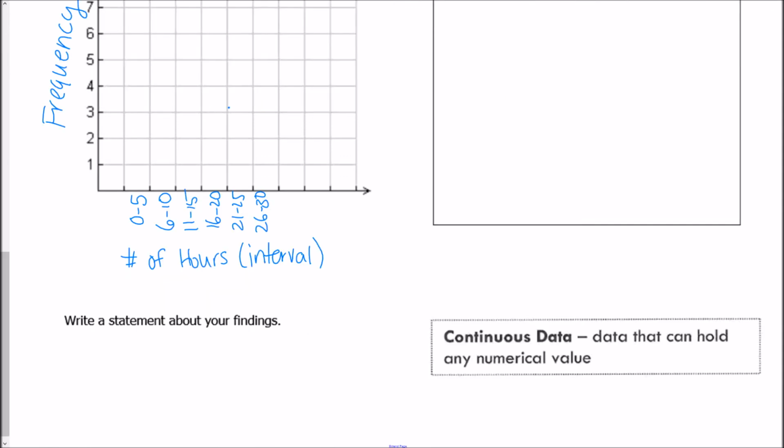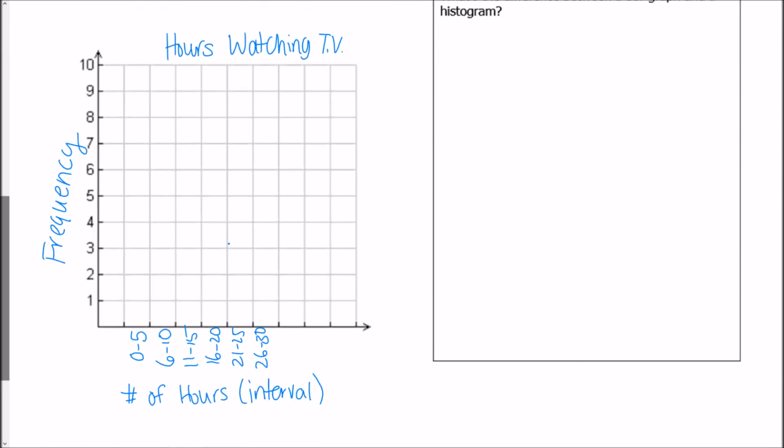So I'm going to go to 0 to 5 and I'm going to go up to 3 people. I'm going to have my histogram go up to 3 people right here, and remember our bars will touch. For 6 to 10 we have that 4 people said 6 to 10, so we'll have a bar that goes up to 4. For 11 to 15 we had that 8 people chose 11 to 15.